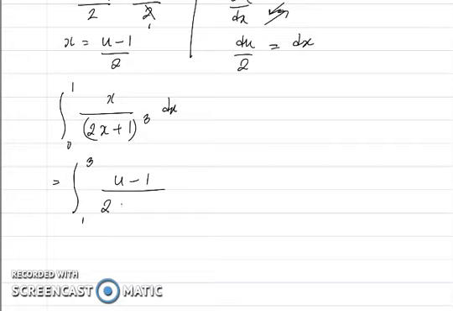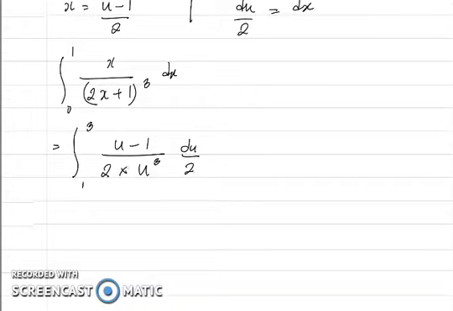But 2x plus 1 is what? u. So this is u to the third power. And now dx, I'm going to replace dx with du over 2. So this is du over 2.